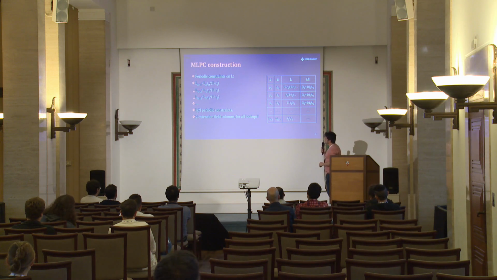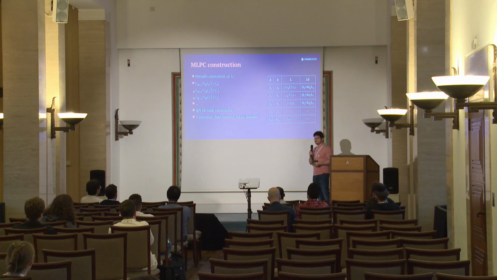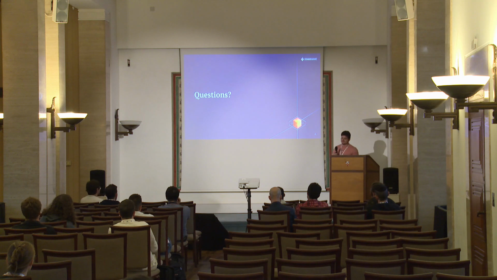It's true that these are 2 extension field columns, but we do them for all the lookups, and all the STARKs just need 2. So let's say we have 20 lookups. Instead of adding an extension field column for every lookup, we just add 2 columns. All right. I'm out of time, I guess. So no questions?